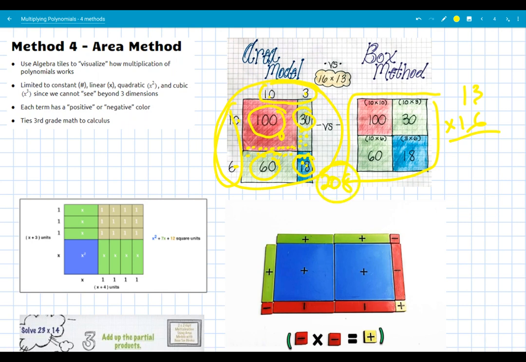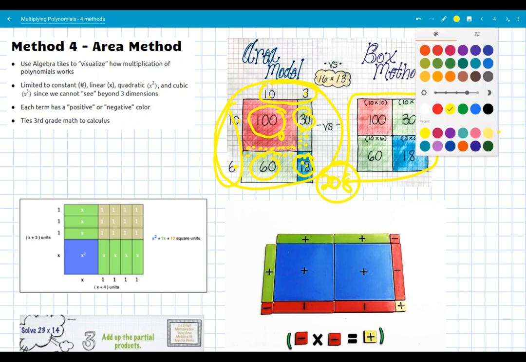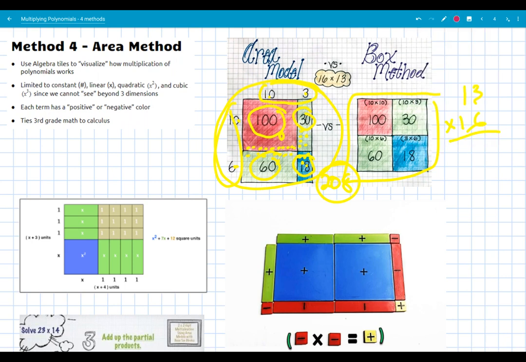Well, in this technique, I'm looking at this one. I've got 2x minus 1 times x minus 1. This down here is minus 1. So this is 2x minus 1 times x minus 1. And x times an x will give you a positive x squared.